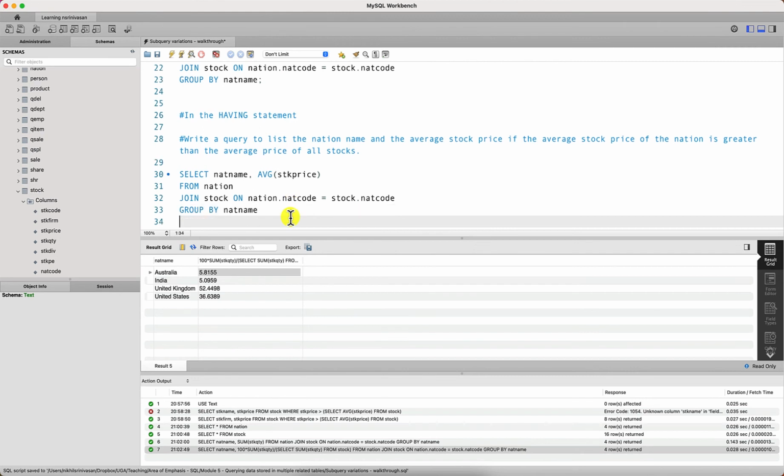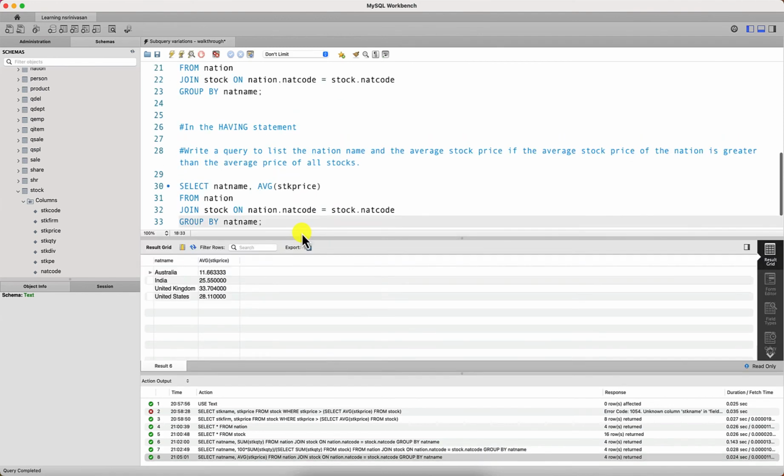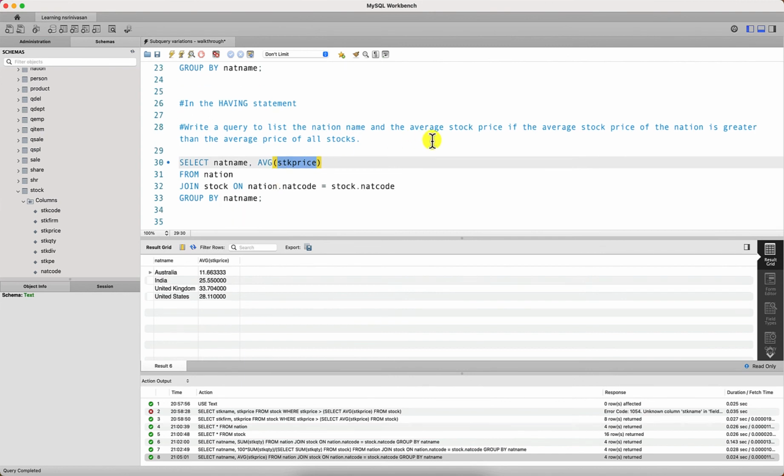In this case, we have to use the having clause because we want to restrict this aggregation. Right now, I have every nation and the average stock price for every nation. But I do not want this. I want only those nations where the average stock price is greater than the average stock price of all stocks.